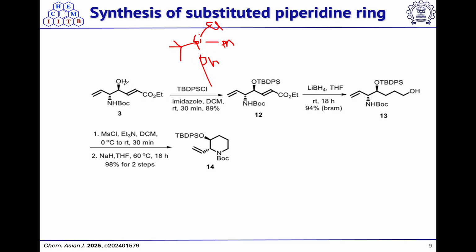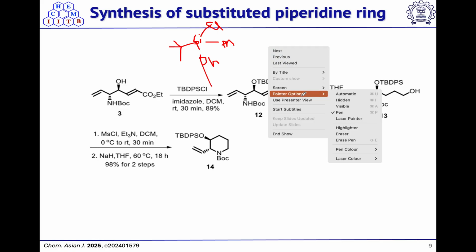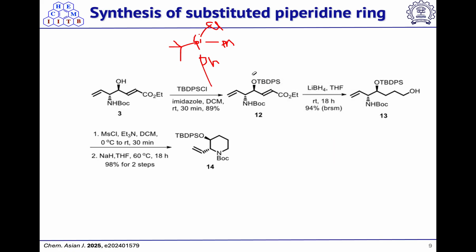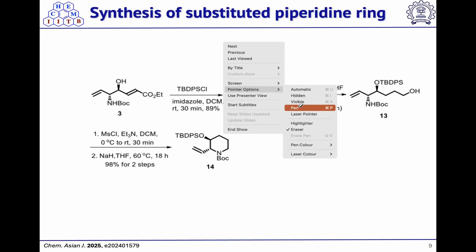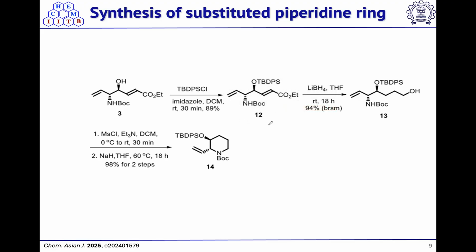So protection will happen. This free alcohol is there. Imidazole will take the proton. Then the OTBDPS protection will happen. Okay. After getting this compound 12, so what is happening?